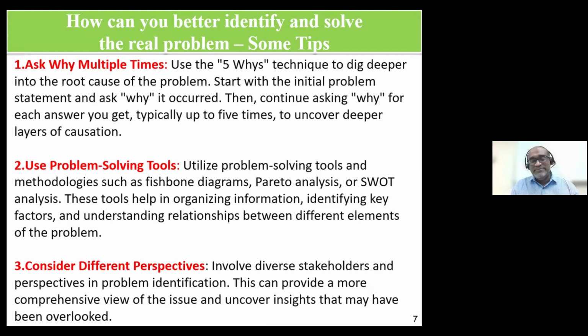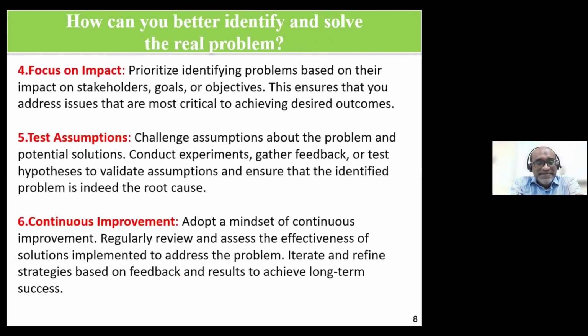So there are different perspectives, and then you try to solve the problem from the different perspectives. If you're trying to solve it from a managerial point of view, it's put in the money, right? If you want to solve it from the operational point of view, you regularly maintain it, right? So that is the kind of thing you can do, looking at different perspectives from different stakeholders. Next slide. Okay.